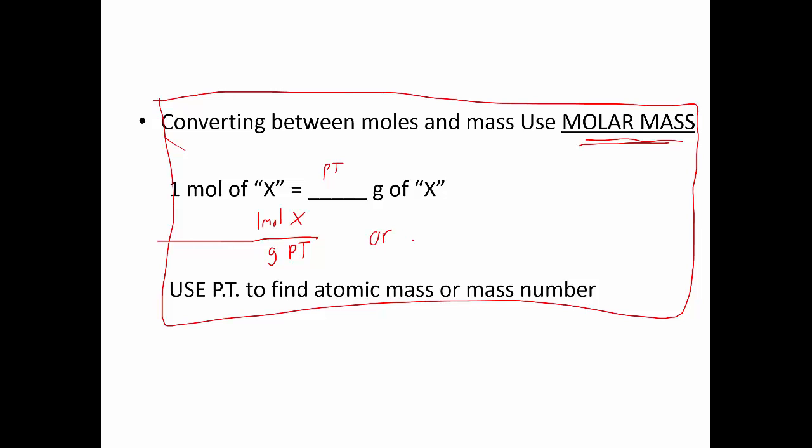Or our other conversion would be just the opposite, your grams from the periodic table over 1 mole of X is going to be our key part. So we're going to use the periodic table to find that molar mass for our conversions.